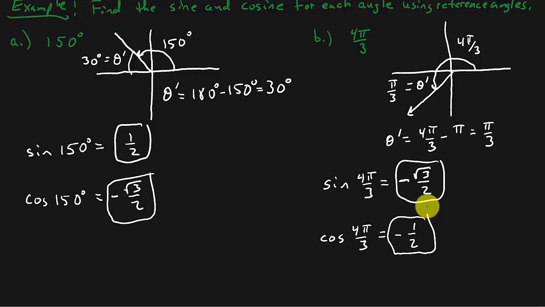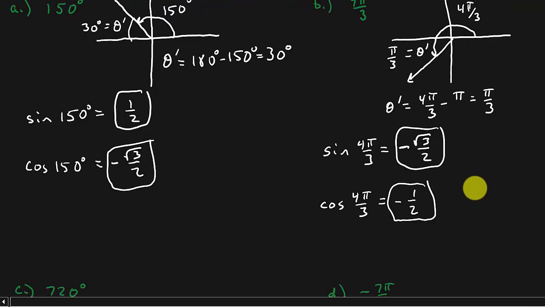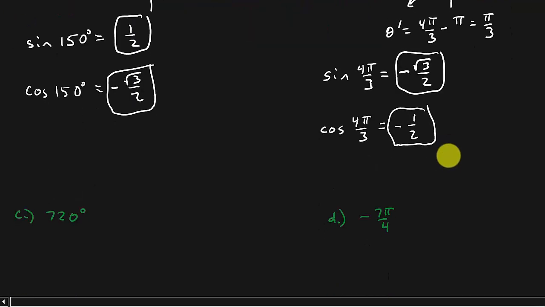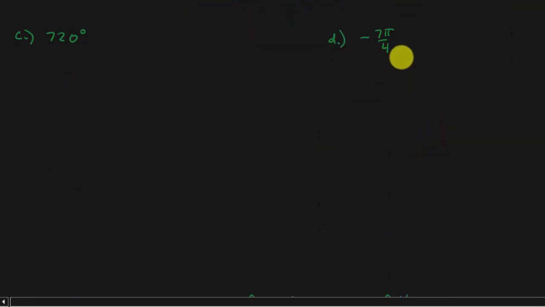So if you're in high school, go tell your teacher to quit teaching you that unit circle and concentrate on reference angles. And if you tell them that, you can comment on this video to tell me how mad they got.